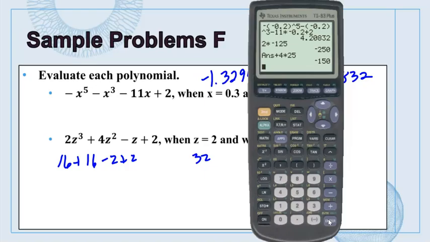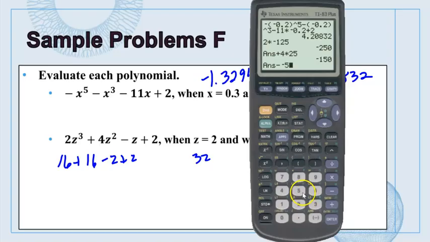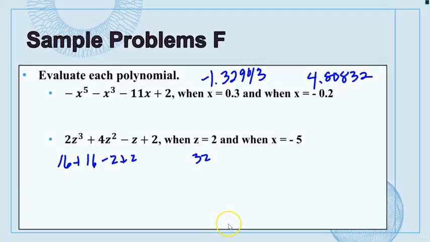That would give us negative 150 minus, and this was negative 5, so minus negative 5 plus 2 gives us negative 143. So that's our lesson on polynomials and the degrees of polynomials.